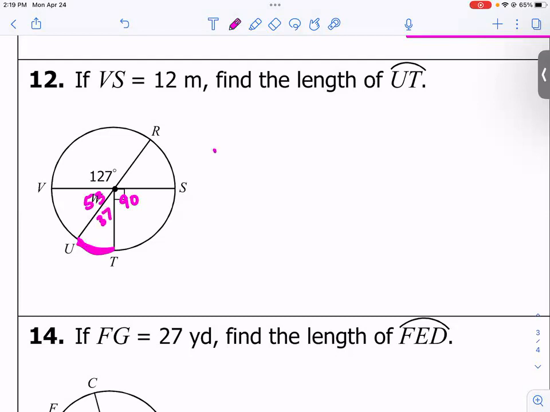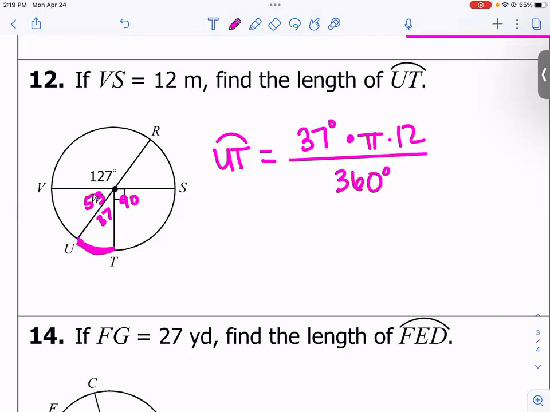If we want to find the length of UT, we're going to take 37 degrees times pi times 12, the diameter, over 360. Tell me what you get. Do you do everything on the top first before you divide it? Yes.